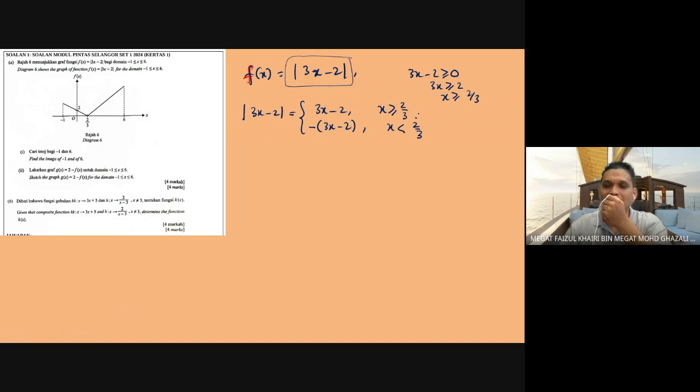Okay, so meaning this is automatically the domain for this piecewise function, the part of the piece. And this is also the domain for this.